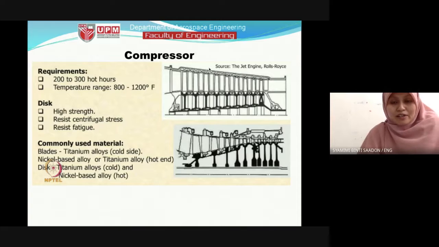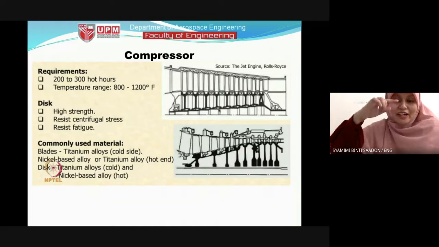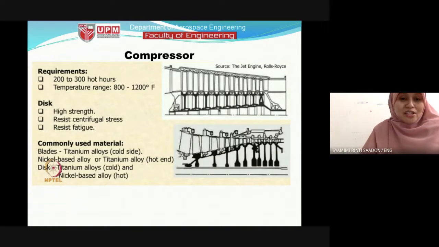So we use the circumference equation 2 pi r times the height, the total height of the stage. Because 2 pi r is only for one rotation, and then we have to multiply by the length of the stage. So that is the blade height h. That is the mass flow rate for an axial compressor.